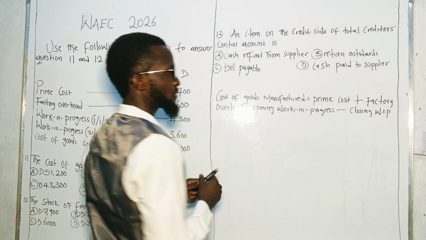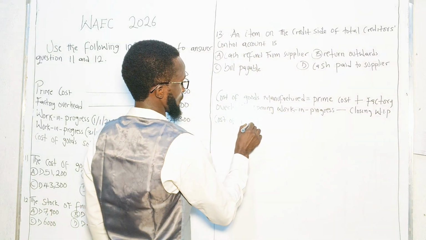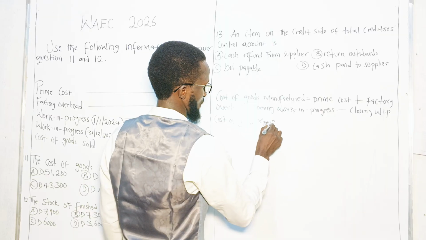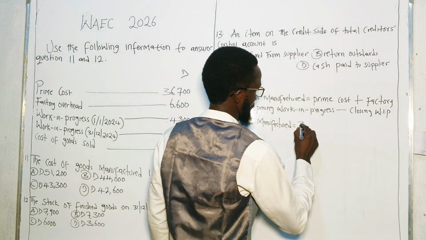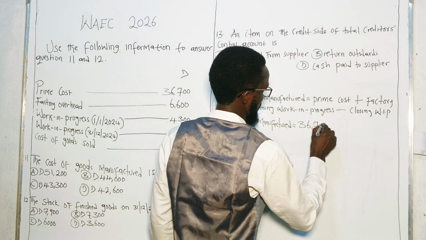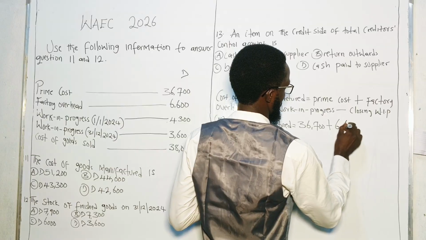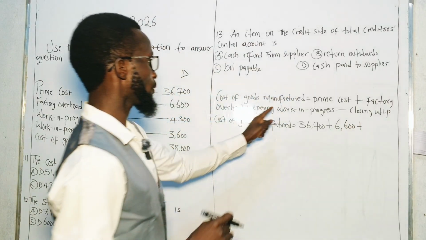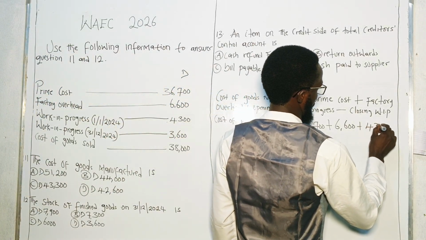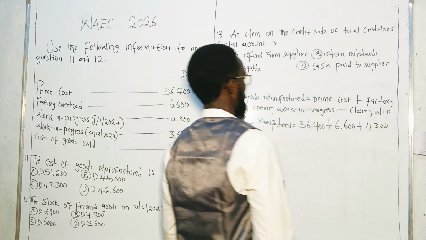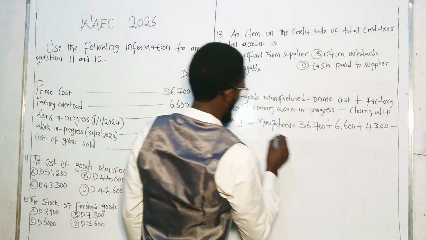Prime cost is given as 36,700. Cost of goods manufactured is equal to prime cost 36,700, plus factory overhead, given as 6,600, plus opening work in progress 4,300, minus closing work in progress.